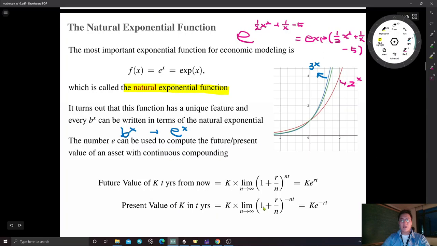That is k times the reciprocal of this, so k e to the power negative rt. Alright, so with this natural exponential function, we can easily compute the future and present value of some financial asset.